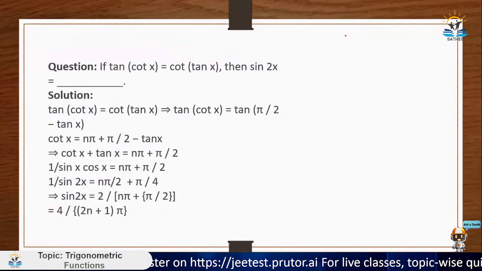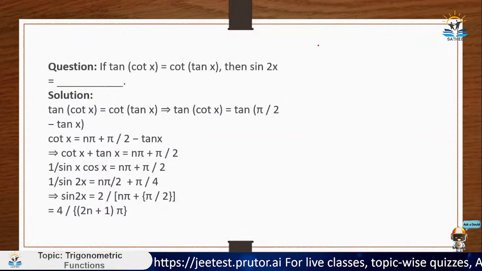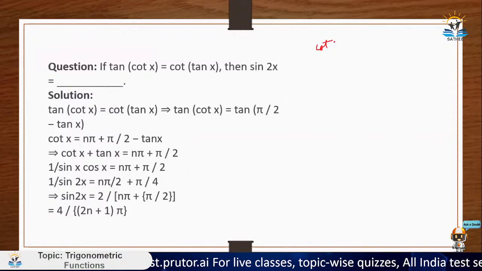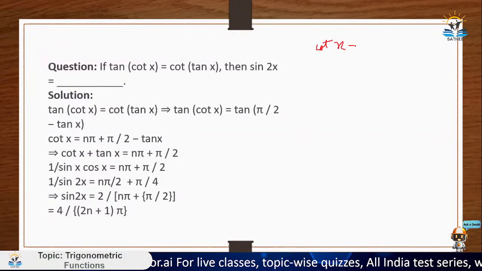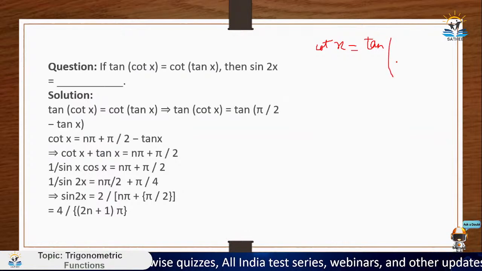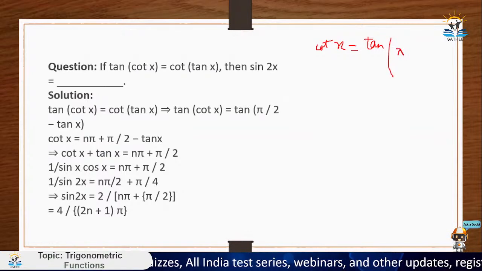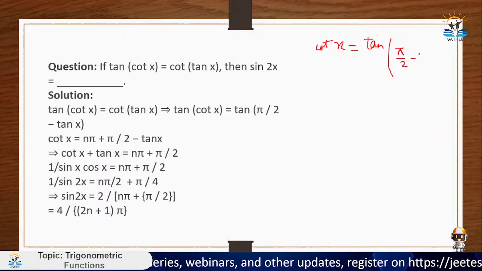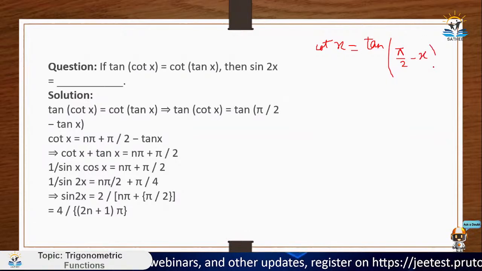See, what you will do here, one thing remember, cot x is equal to tan of pi by 2 minus x.